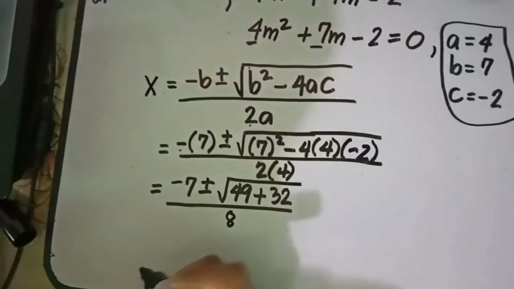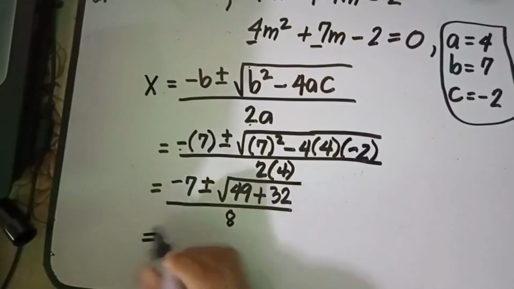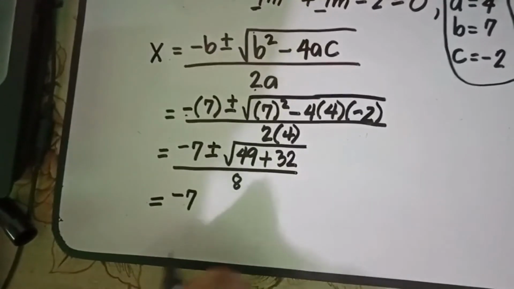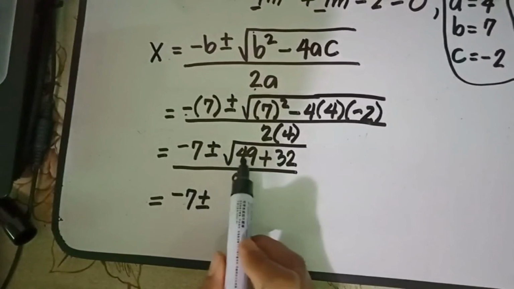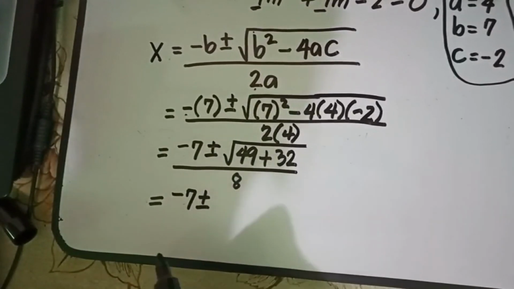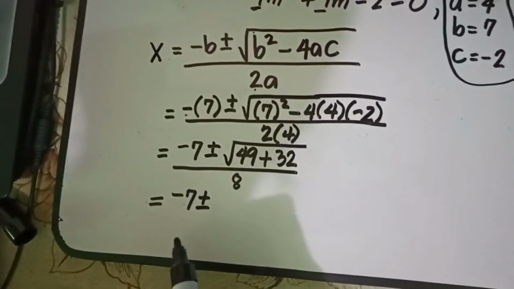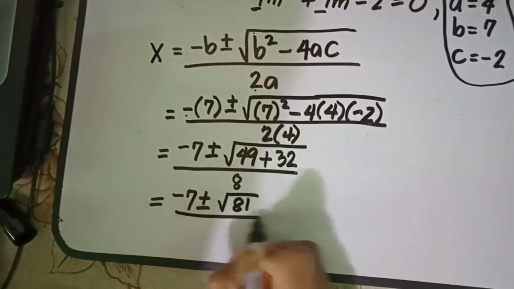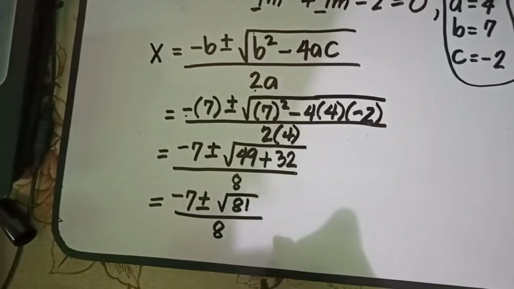So, that is equal to, simplify natin. We just copy down negative 7 plus and minus what is square root of 49 plus 32. 49 plus 32 is, we have square root of 81, over 8.